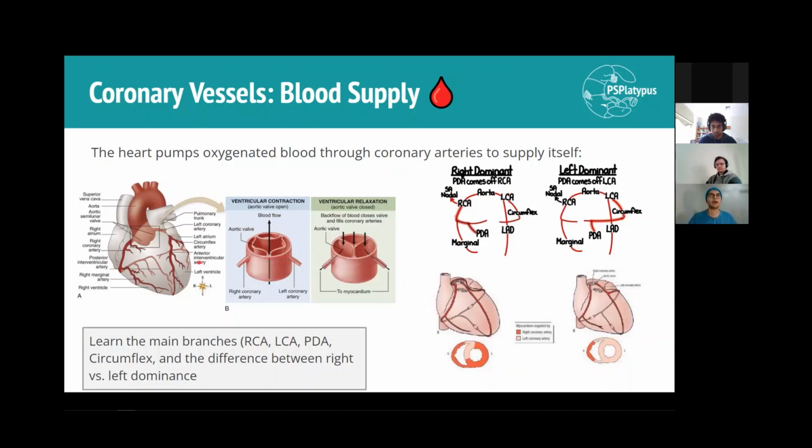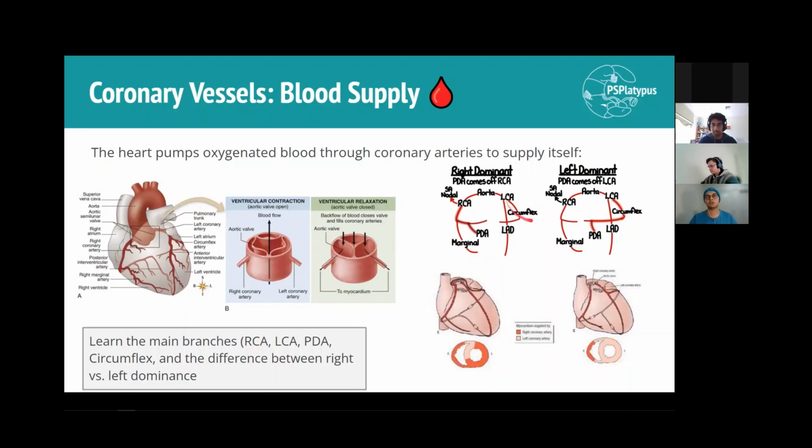On the left, we have a circumflex artery, which is important to remember because it's going to wrap around and help supply the back of the heart as well, the posterior surface. But we also have marginal arteries from up front that supply more of the ventricular side of the heart over here. And you also have a left anterior descending artery, which you can, I think, see maybe not on this diagram on the left here, but I've labeled it in here anyways.